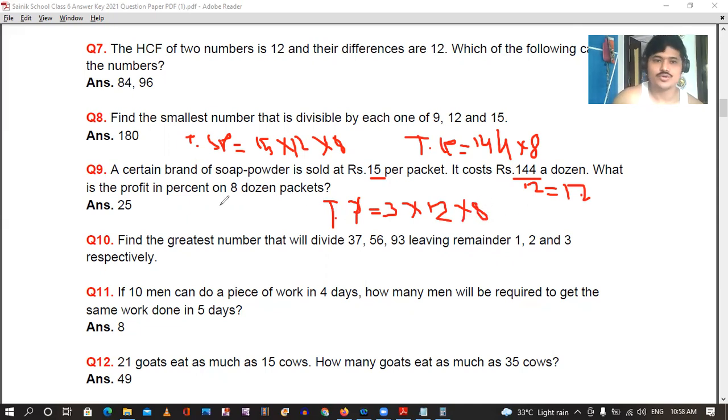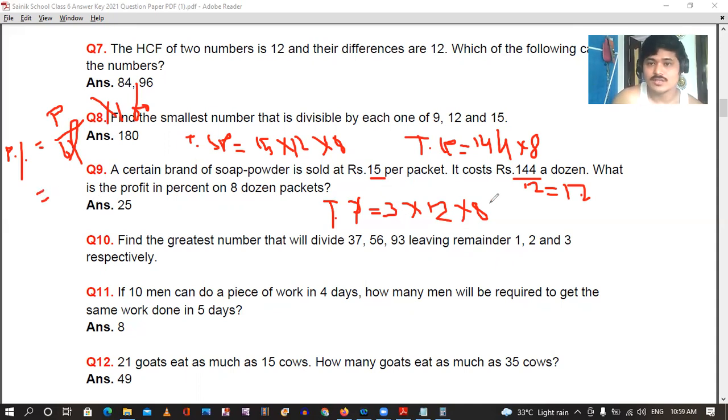As I have already told you, profit percentage is equal to profit divided by CP into 100. So if I have to find this value, what will I do?